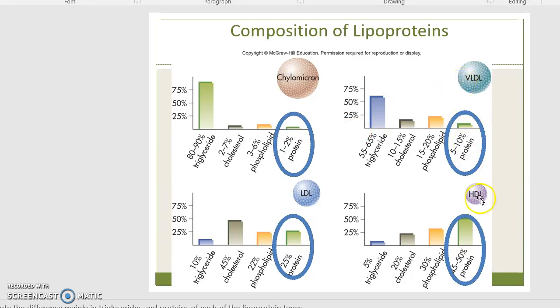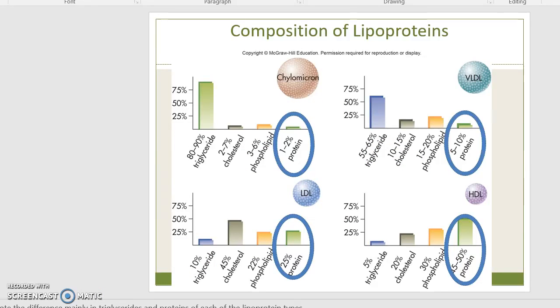And if you have high levels of LDL or HDL, this tells the makeup of your fat in your blood, whether it's a lot of protein in these lipoproteins. This is very low in protein, very high in fat. So this tells your lipid profile and how healthy you are.